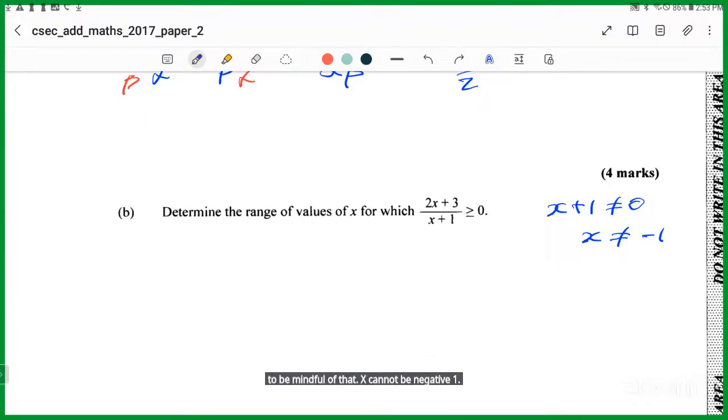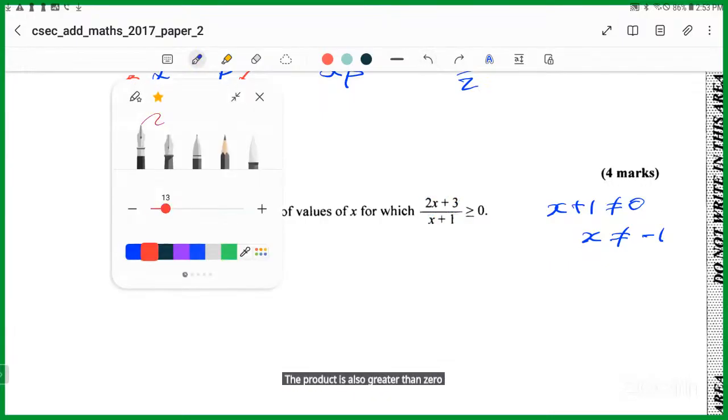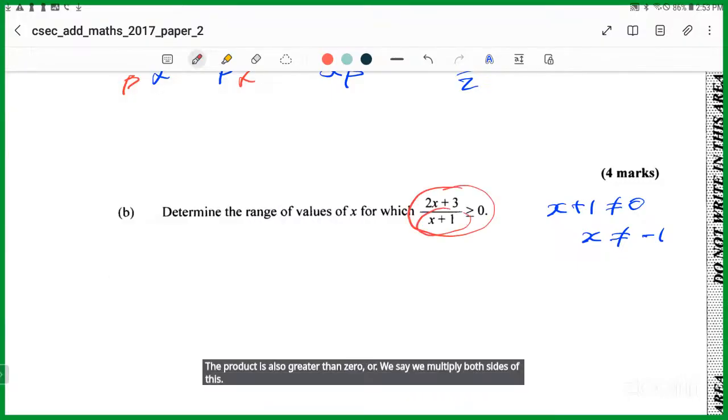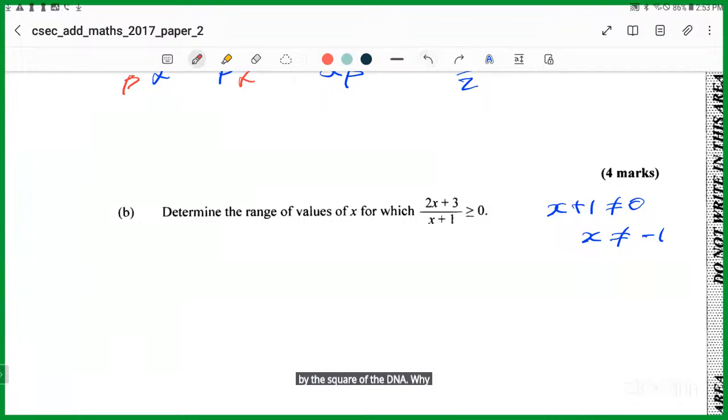Alright? Now, for this inequality, the quotient is greater than 0, which is positive. It means that the product is also greater than 0. Or, we say we multiply both sides of this by the square of the denominator. Why are we multiplying by the square of the denominator and not just the denominator? We have to ensure that we multiply with a positive number. Because if you multiply an inequality by a negative number, you have to reverse the sign. So we are ensuring that we multiply both sides by a positive number.